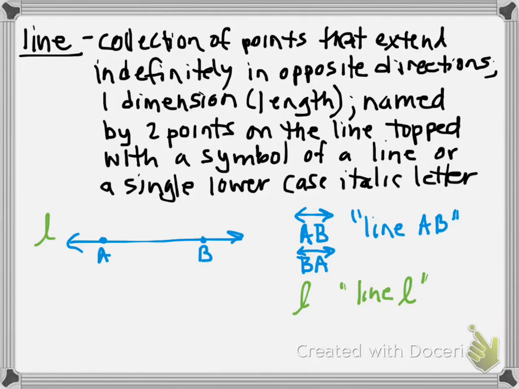Okay, so that's our next word. Everybody ready? So our next vocab is a plane. We just call it a collection of points. So it could be just a whole bunch of points. It could be points contained in lines, okay?